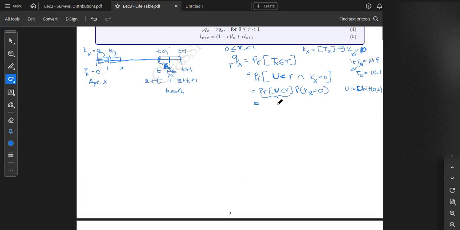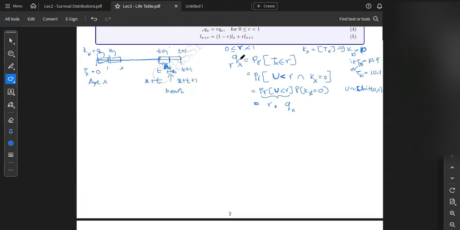That means this probability is R. It's a fraction itself. And this one is the probability of death of a person who is at age X and death occurs during the next year. So now you can see R is a decimal number between 0 and 1.